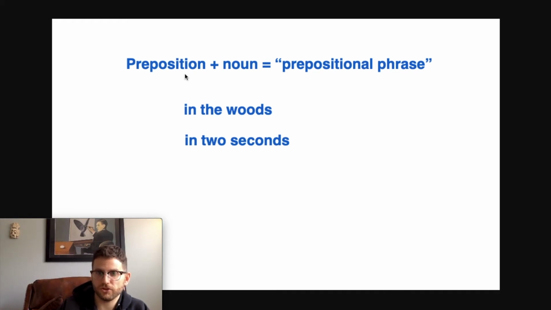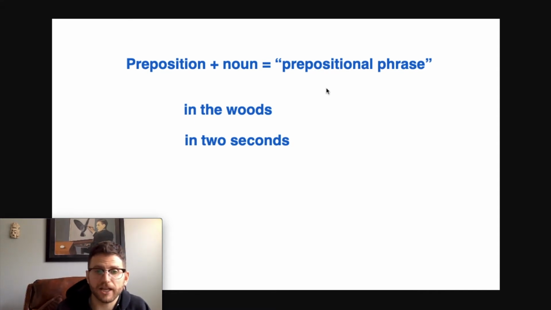The basic difference between a phrase and a clause is that a clause will always have a subject and a verb that make it up. A phrase will always be missing a subject, a verb, or both. Okay, so in the case of a prepositional phrase, I'm actually missing both a subject and a verb. Okay, because the noun that is in my prepositional phrase is not a subject. It's always going to be an object. Okay, grammatically, it's always going to be an object.